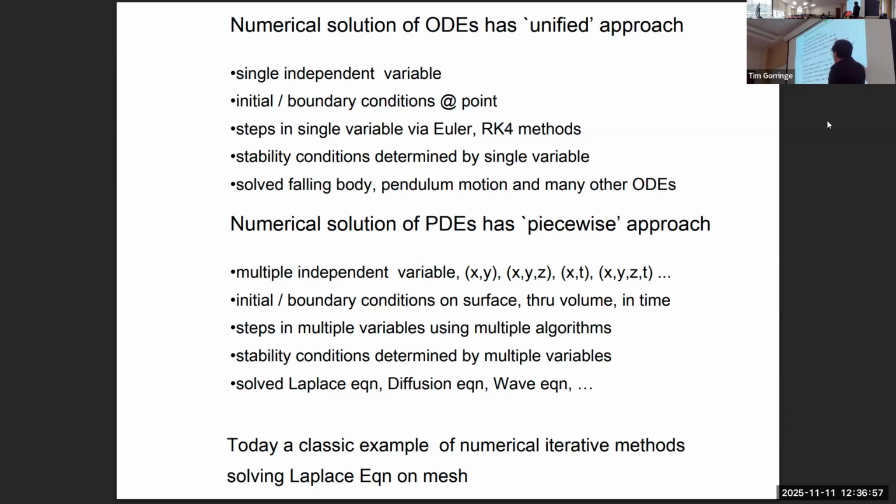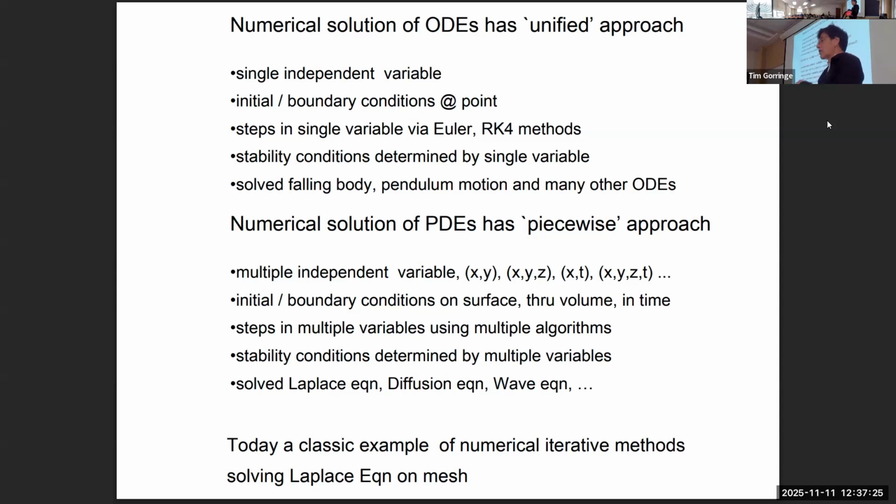What about partial differential equations? Big difference with partial differential equations, now you've got multiple independent variables. So two or more independent variables. So you might have a problem where you're interested in the electrostatic potential in some region of a two-dimensional space.